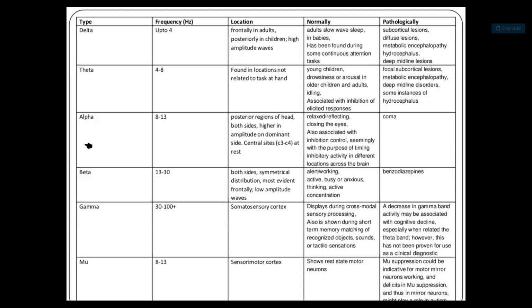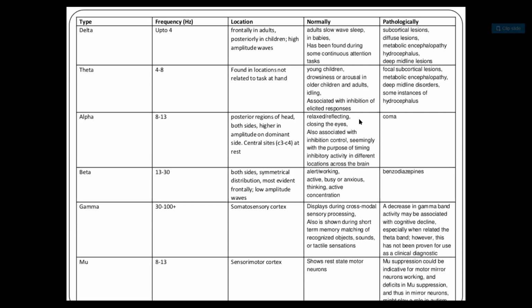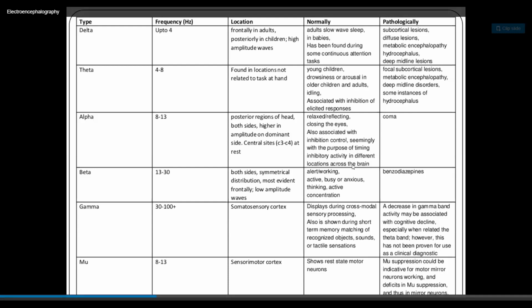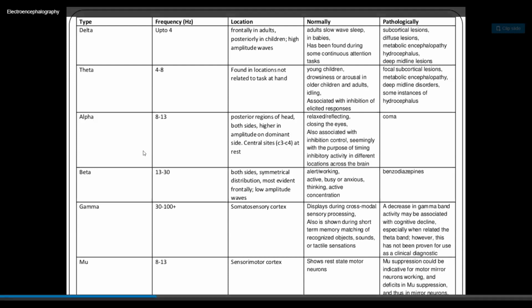You'll have the C3 and the C4 position, and you'll place the device and take the reading when the subject is at rest. So relaxed, reflecting, closing the eyes, all associated with inhibition control, seemingly with the purpose of timing inhibitory activity in different locations across the brain. Pathologically, it's actually the, sorry.